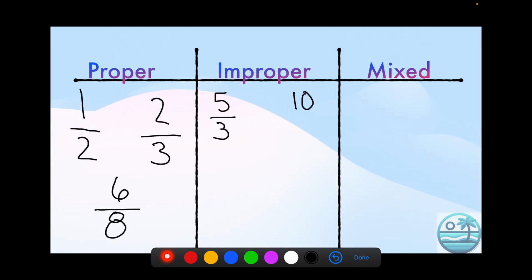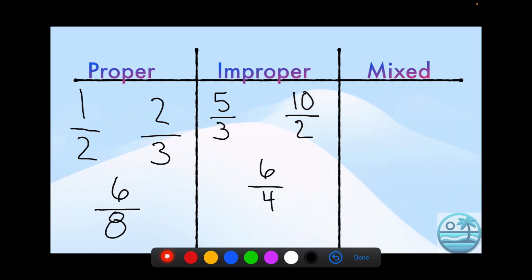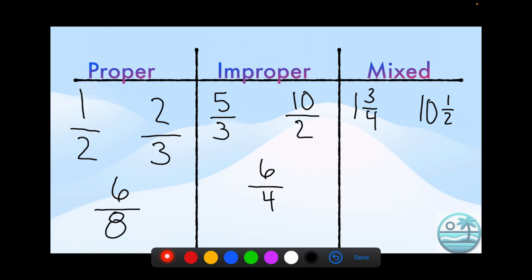You could have 10/2, or you could have 6/4. All examples of improper fractions. Mixed numbers would be like 1 3/4, 10 1/2, or 11 2/3, all a whole number and a fraction.